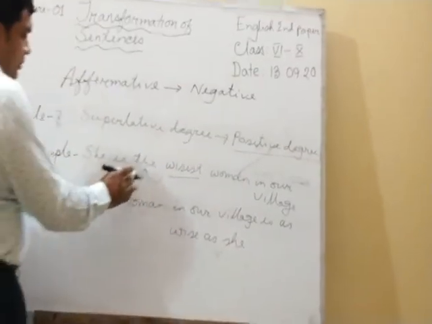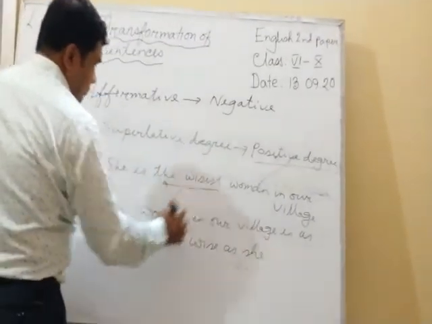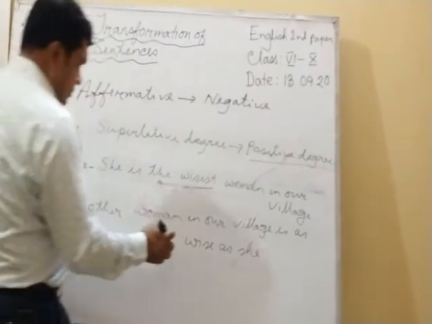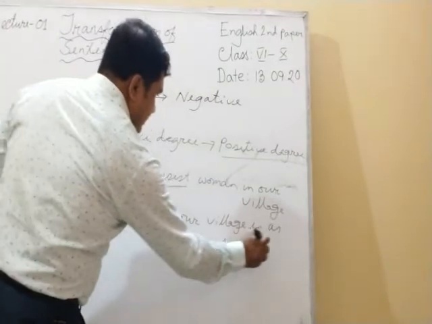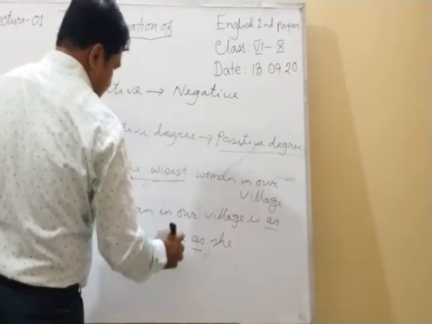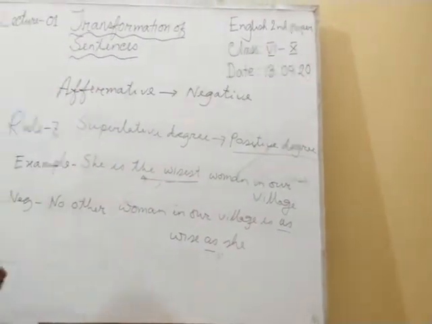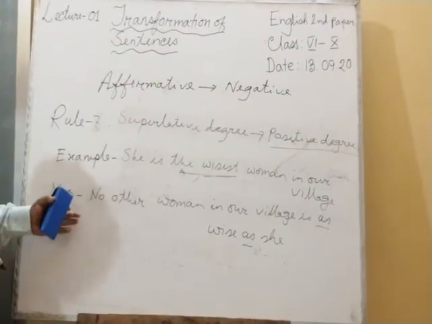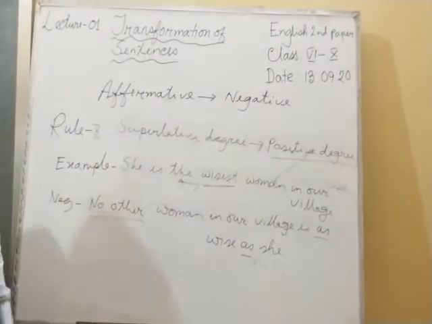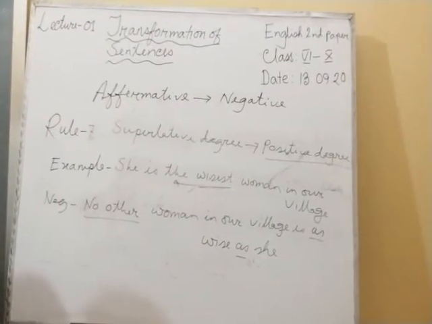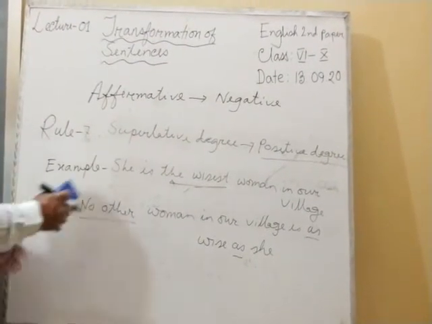Look carefully, dear student. This is superlative form. It has become positive form with "as". And normally, positive starts with "no other". Understand? I hope you can understand it.